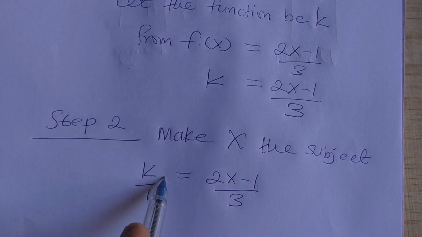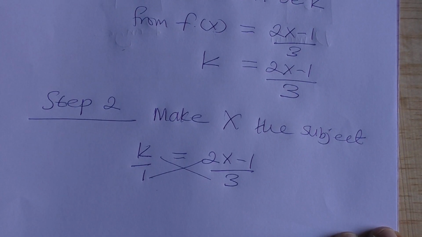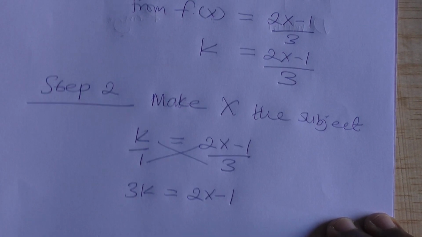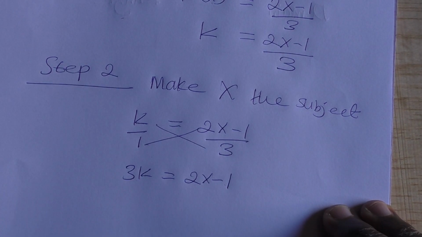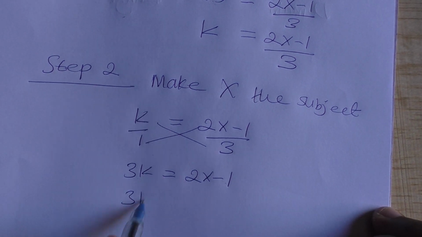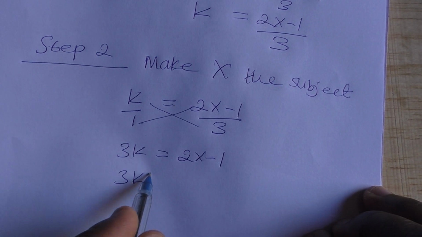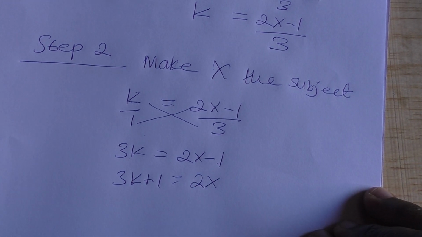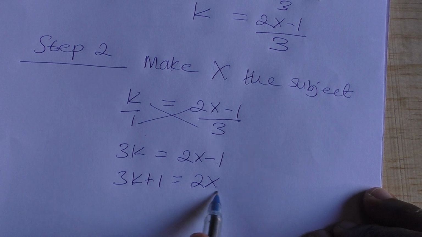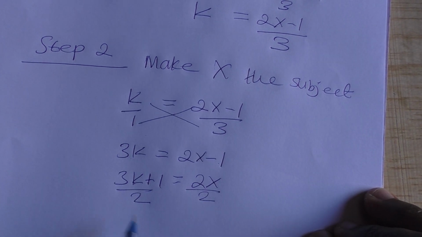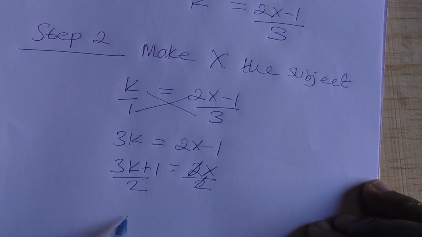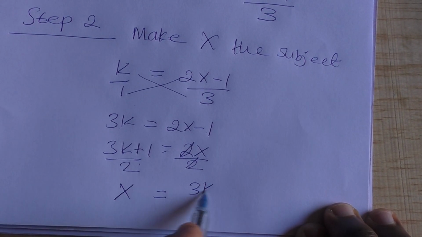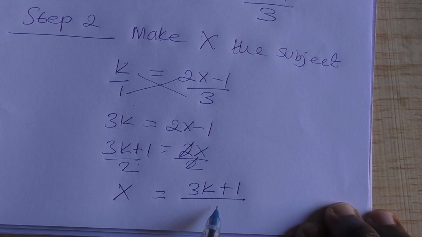Make this a fraction so that we cross multiply. We shall get 3k equaling to 2x minus 1. We take 1 the other side, it becomes 3k plus 1 equaling to 2x. Since we want x, divide throughout by 2, so that you get x as 3k plus 1 over 2.